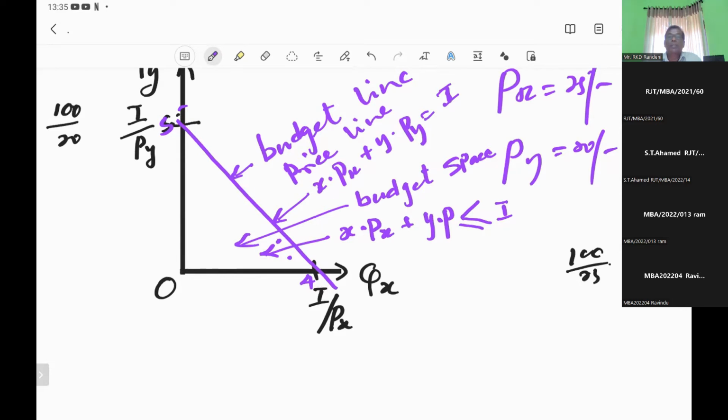You had better go to the book, the answer is also given. Indifference curve.